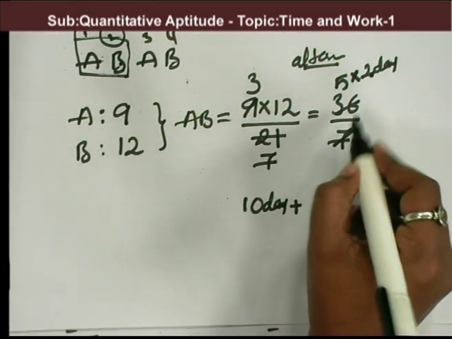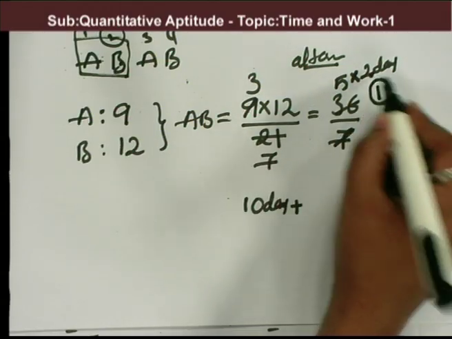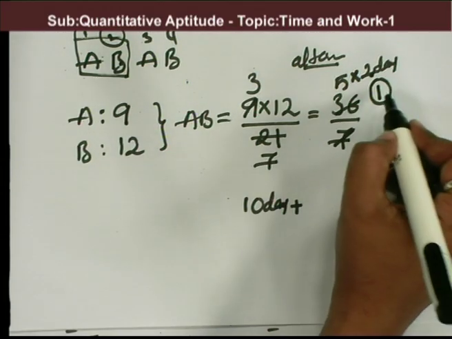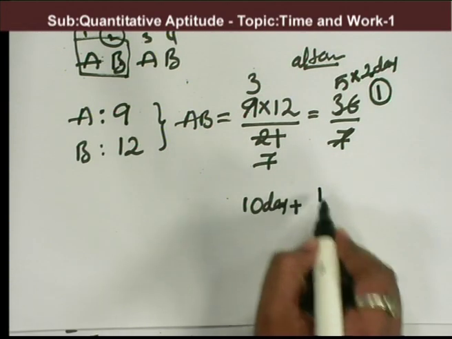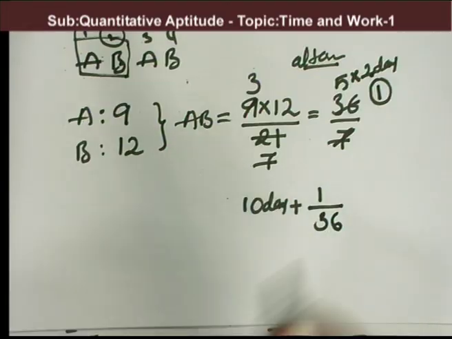Again in 7 5s are 36, 1 is the remainder. That means the work is not completed exactly in 10 days, some of the work remains. How much work remains? 1 is the remainder, so the work is 1 by 36.